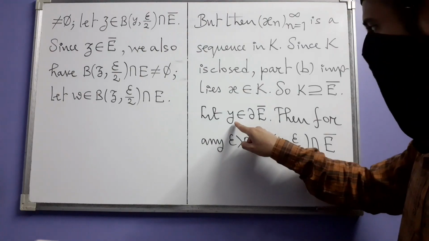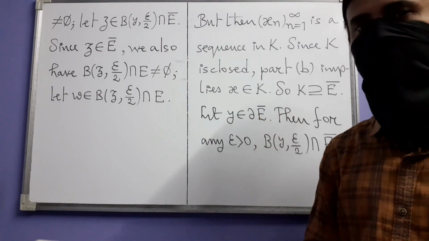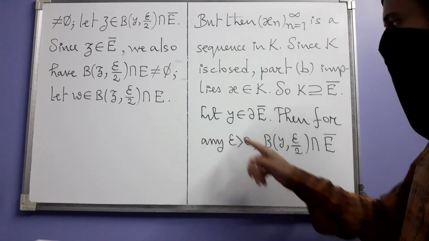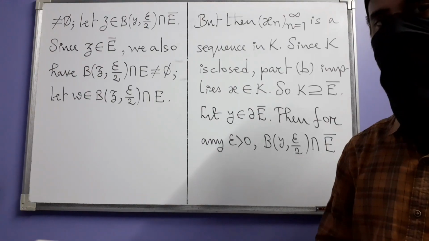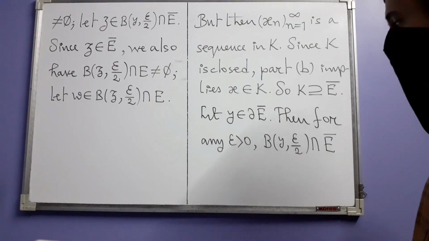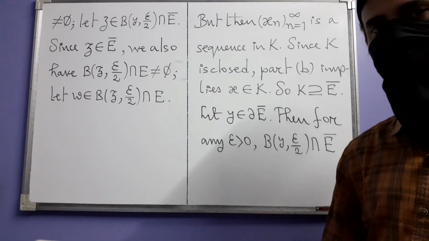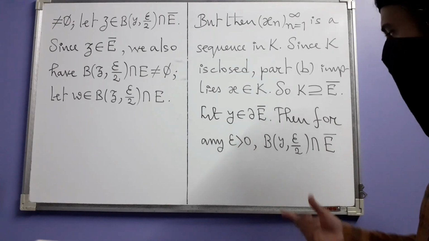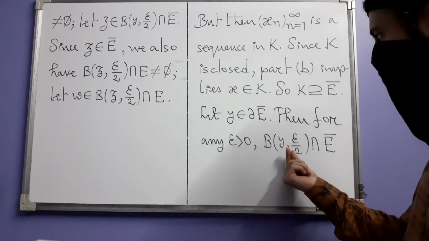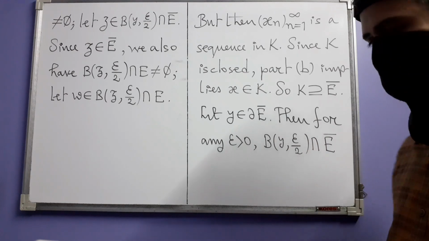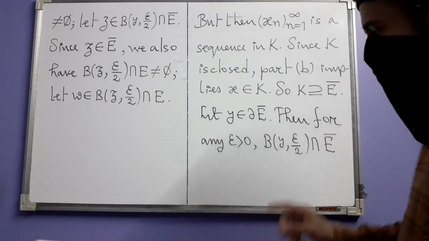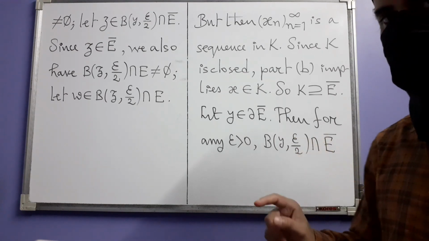Now what does it mean for a point to be in the boundary of a set? It means that it is neither an interior point nor an exterior point. In particular, it means that if we choose any positive real number epsilon and consider the ball centered at that point having radius say epsilon divided by 2, this is only a convenience for calculation.